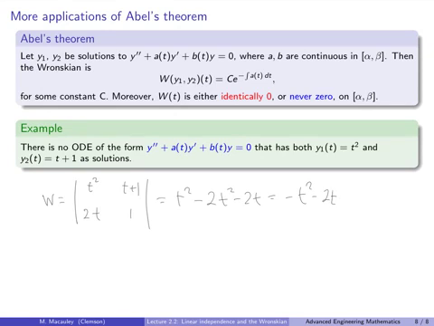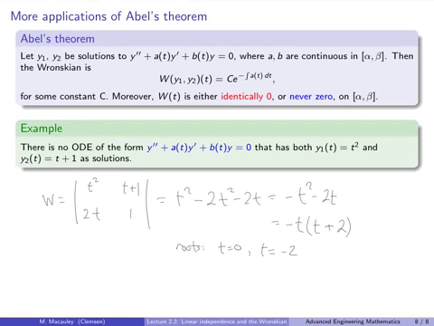Is that correct? Yes. I'm going to factor out a minus t, giving minus t times t plus 2. So the Wronskian has roots at t equals 0 and t equals negative 2.